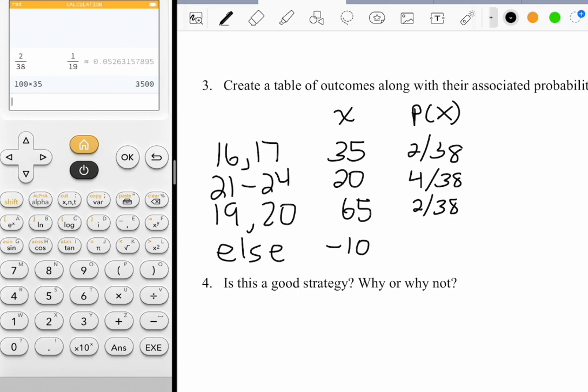Now, there's European roulette, and then every other kind of roulette. And the European roulette only has 0, not a double 0. All right, so there would be only 37 possible outcomes. If you find a roulette wheel that doesn't have a double 0, and you plan on playing roulette, that's the one that you want. All right.